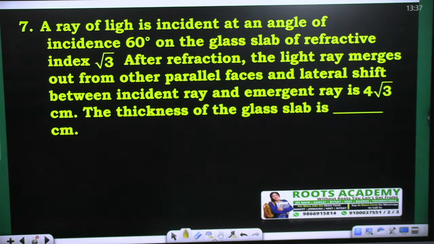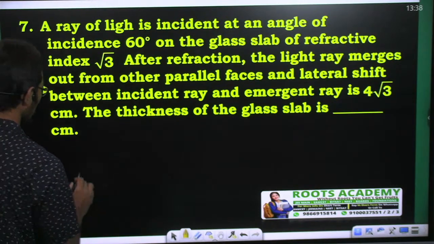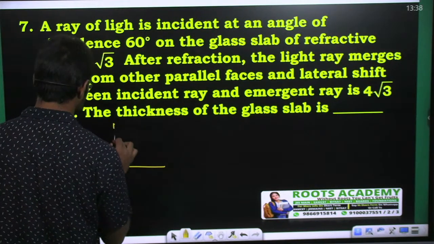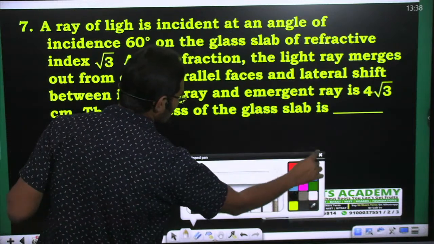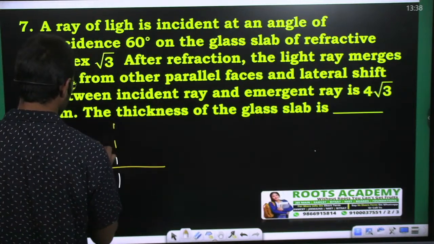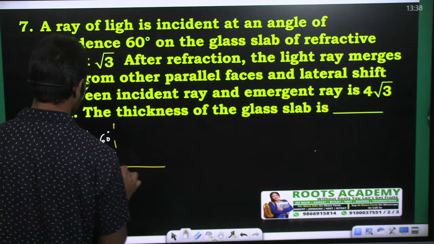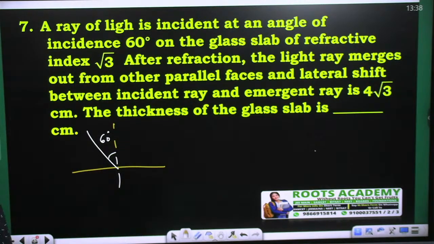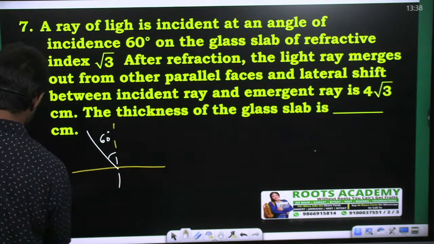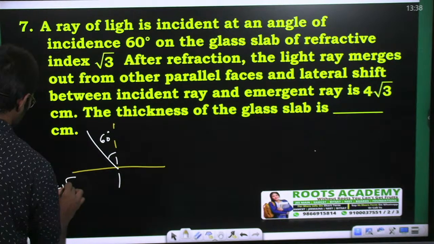A ray of light is incident at an angle of 60 degrees on a glass slab of refractive index mu equal to √3.